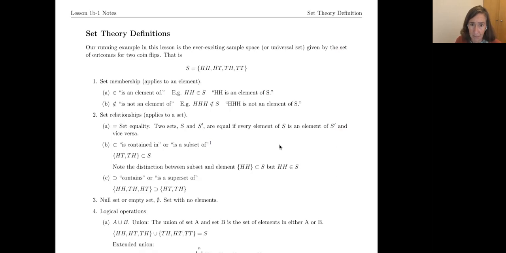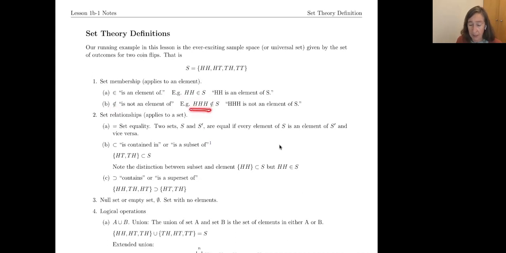So we'll keep that same example that we were using in the past lesson of a sample space of the outcomes of two coin flips. Just going over some symbols here, this little symbol that looks sort of like a simplified version of a euro sign is supposed to be a stylized E. It's telling us that something is an element of S. Okay, so HH, two heads, is indeed an element of S. And as we can do with most mathematical symbols, we can draw a slash through it to mean it's not an element of.